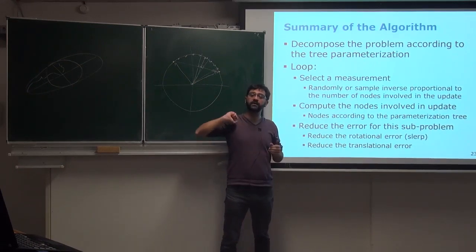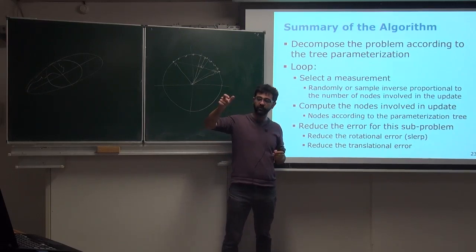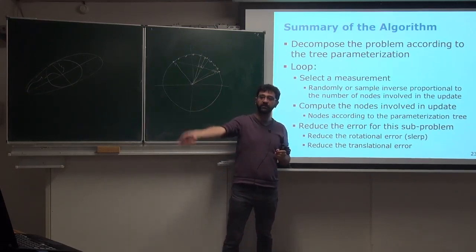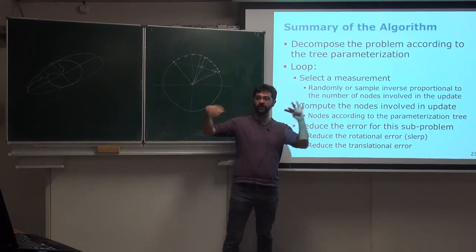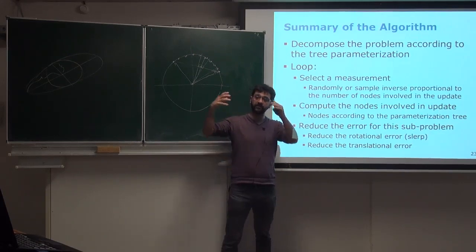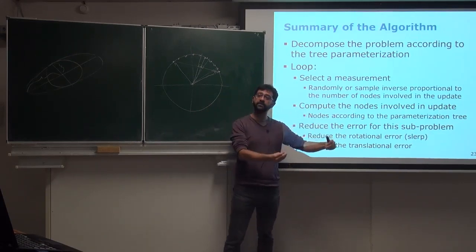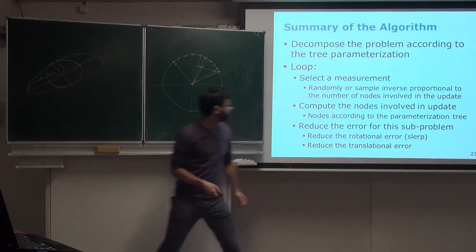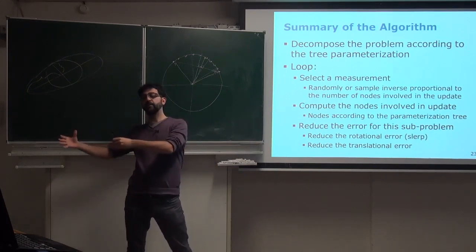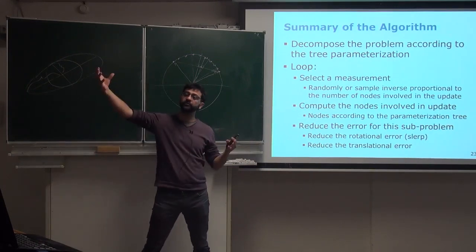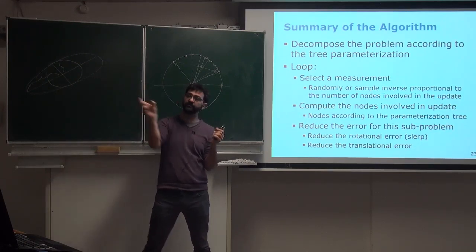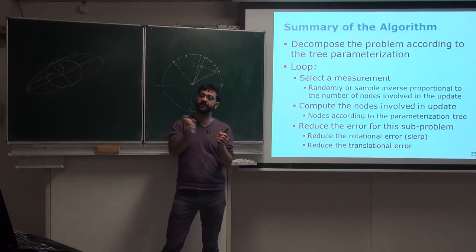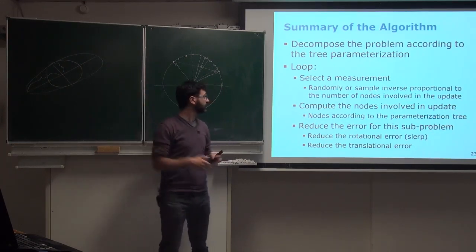You compute the delta, so the error in the measurement, the residual. Then you take the incremental rotation, you decompose it over the path, and then you propagate these deltas to the parameterization behind. After that, you do the translational part, so the same, you have these absolute values. You take the difference, you decompose it in small pieces, and you apply the small pieces in each individual node.